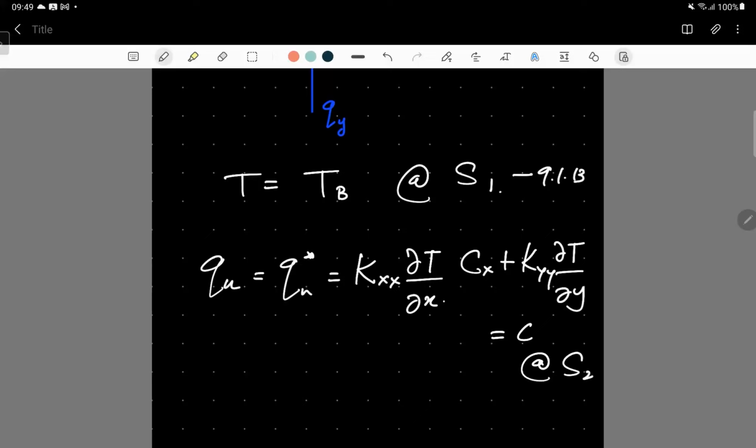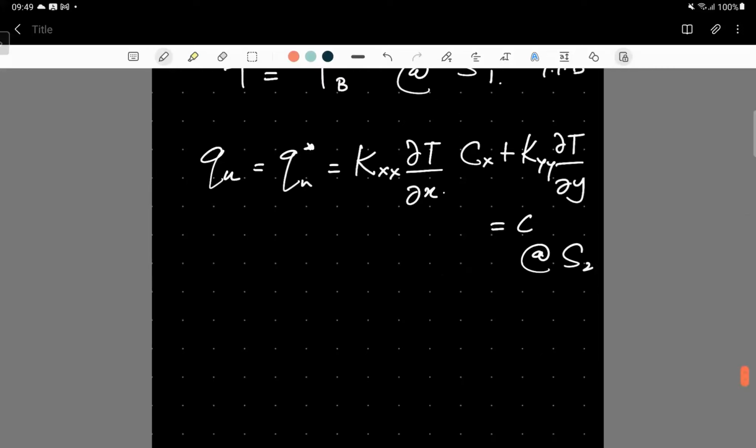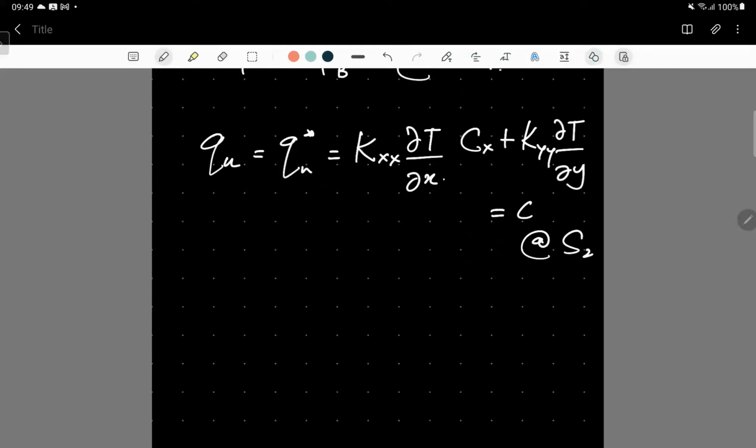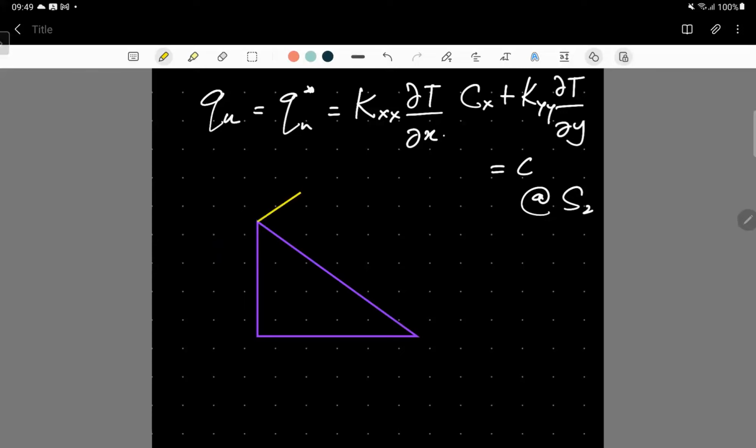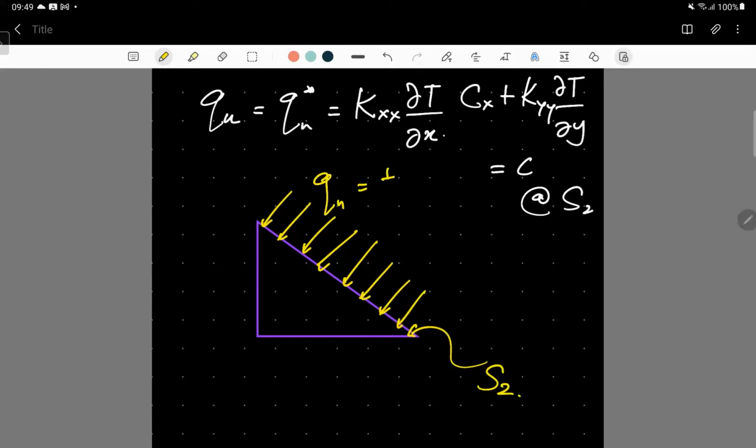What do we mean by directional cosines here? If we think of an additional surface, and we assume the heat flux is perpendicular to a given, arbitrary surface, let's consider this surface to be S2. And the heat flux into the system, let's define it as plus Qn.